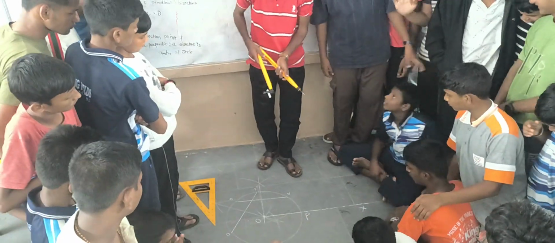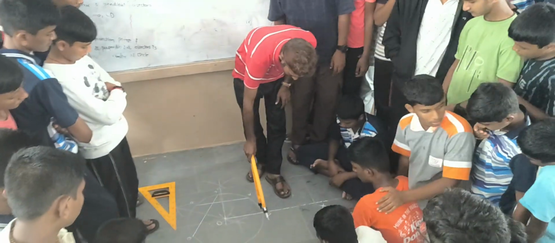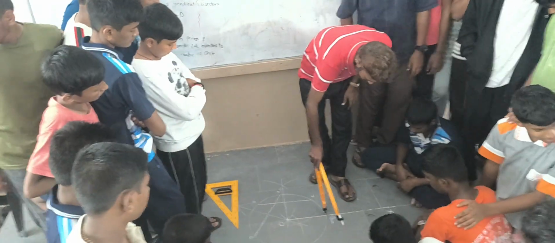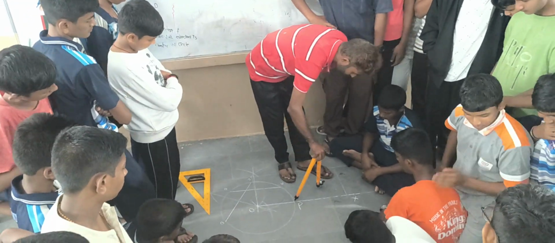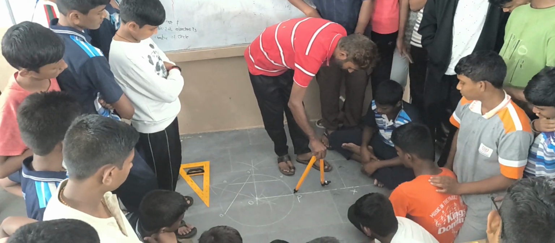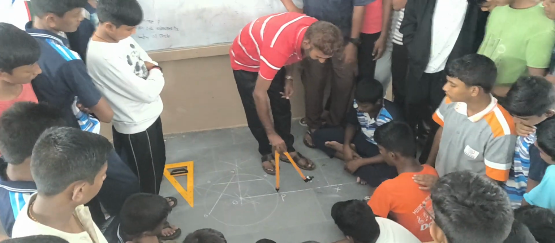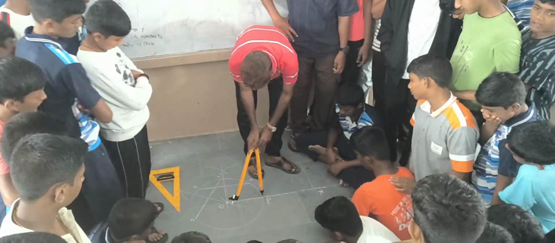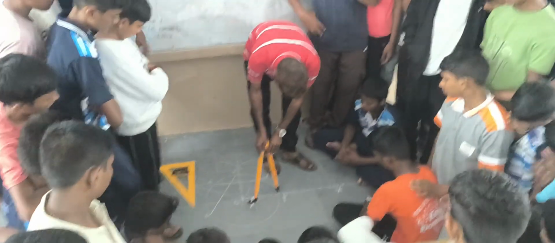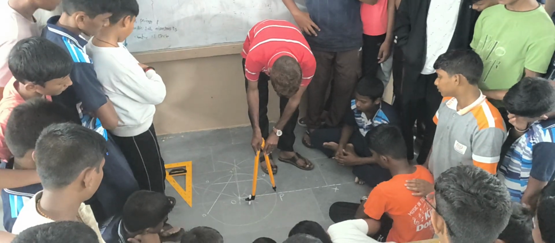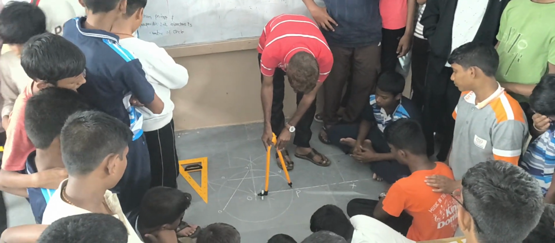Go to P with your comfortable radius and draw an arc. Let the arc intersect PX as well as OP. Actually take a little smaller radius so that it will be easy for you. Otherwise you will get confused.